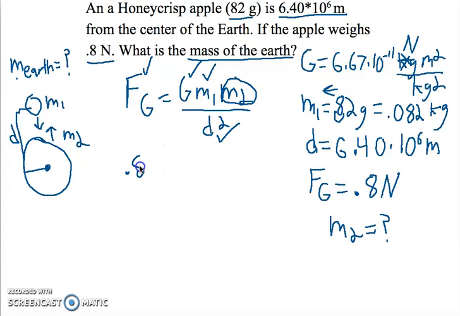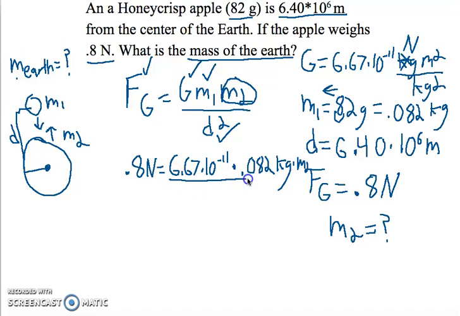So we're going to plug in 0.8 newtons is equal to 6.67 times 10 to the negative 11th times the mass 0.082 kilograms times m2 divided by the distance squared, so 6.40 times 10 to the 6 meters squared.